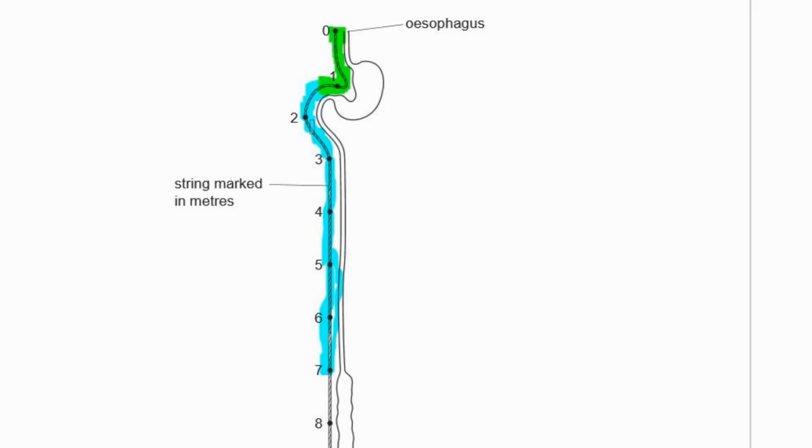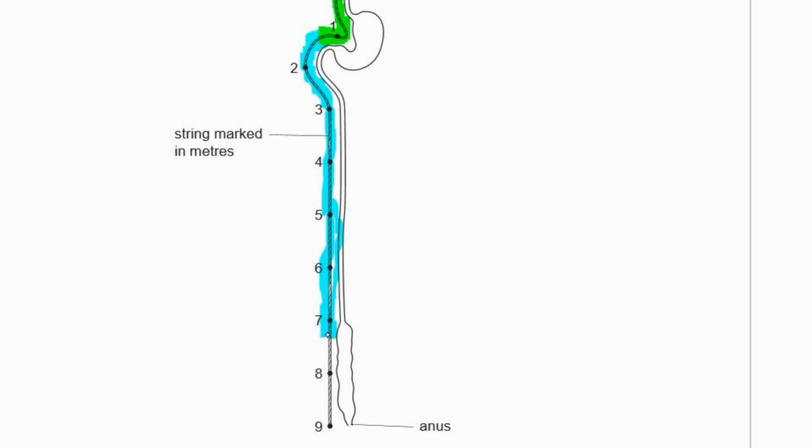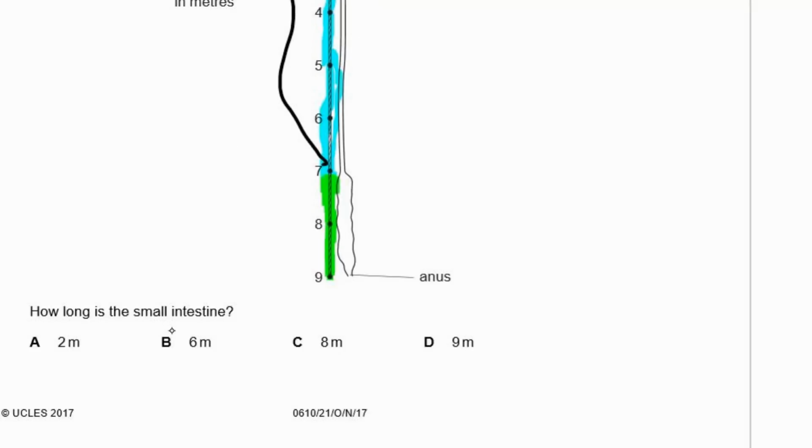And then once we get down to about here, we get to the large intestine and the colon, so the colon and the anus. All right, so the only part that's small intestine is from about 1 to 7. So that means it's 6 meters long. And that's one of our answers, answer B.